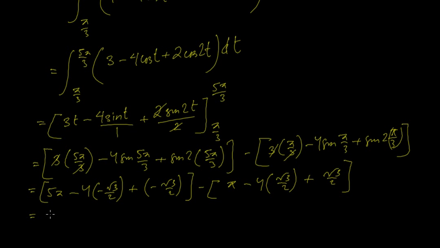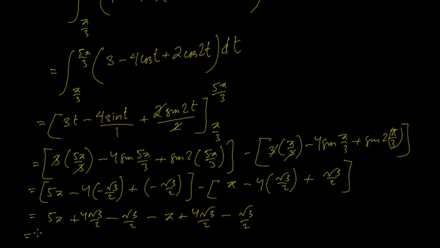So now we can simplify: 5 pi, minus minus plus 4 root 3 by 2, minus root 3 by 2, minus pi, then minus into minus is plus 4 root 3 by 2 minus root 3 by 2.